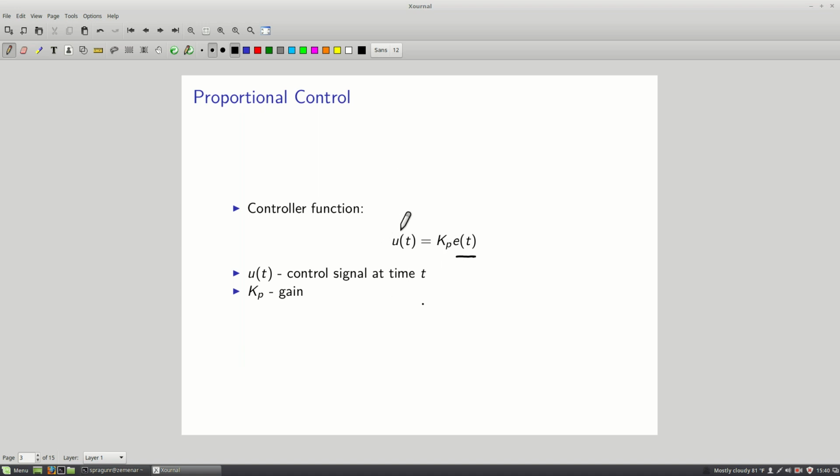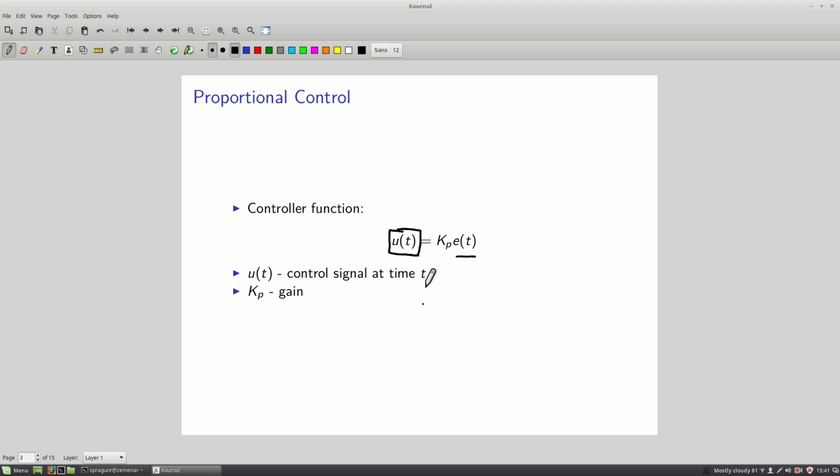And I keep saying control signal, right? That's going to be denoted with this U of t. That U is going to describe whatever our control variable is. So that will be different things under different circumstances. In our original example of the robot control arm, that might be the amount of voltage that we send to that motor.